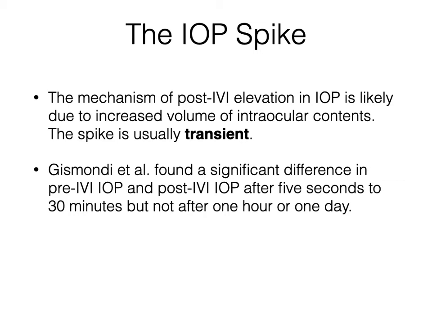So, does intravitreal injection cause elevation of the intraocular pressure? Actually, that was an issue with large volume injections as in old schools, where they were injecting the double effective dose of bevacizumab in 0.1 milliliter instead of the 0.05 milliliter we use nowadays.